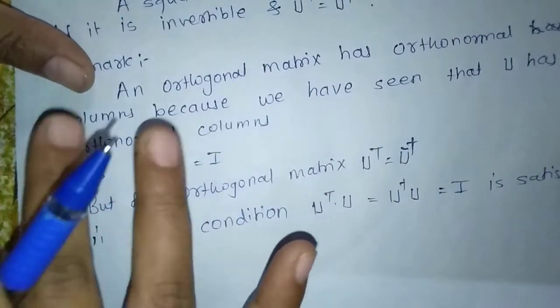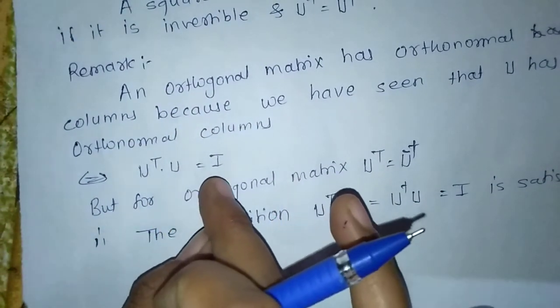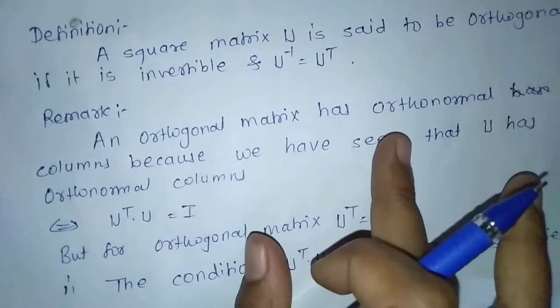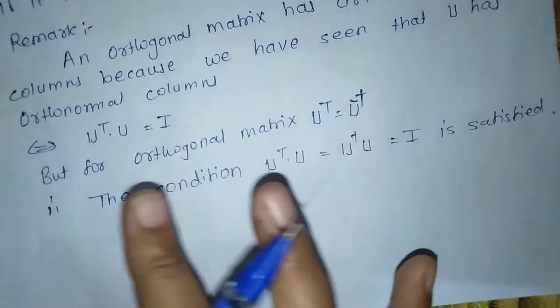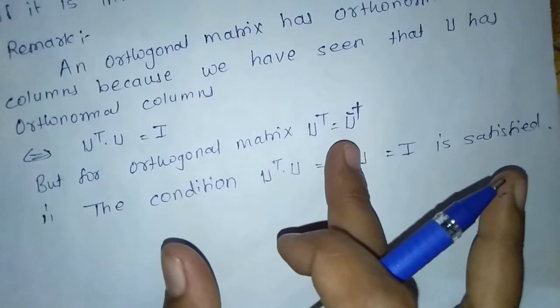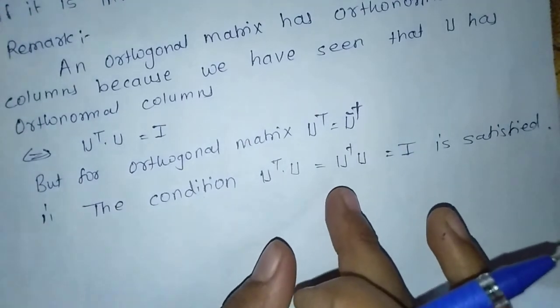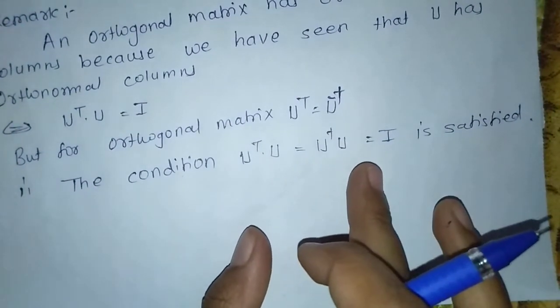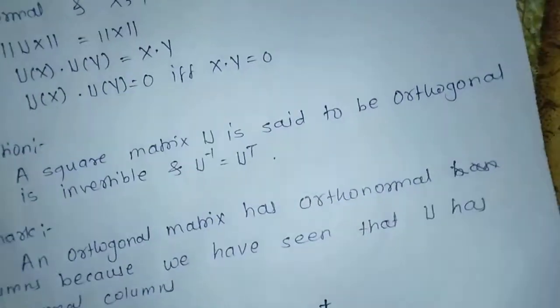But for an orthogonal matrix, U transpose is equal to U inverse, therefore the condition U transpose times U is equal to U inverse times U, which is equal to identity, is satisfied. So here we stop.